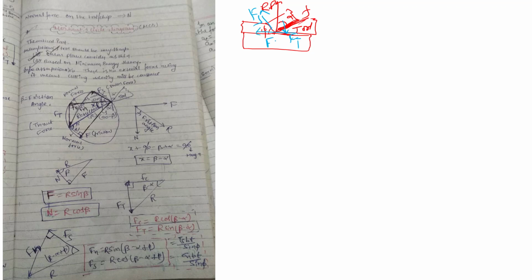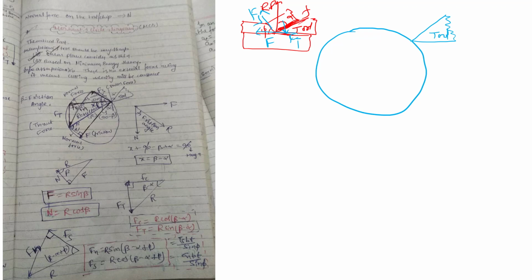Cutting force will be acting in this direction. So we include all the forces in a single circle. This is known as the merchant circle diagram, where we include all the forces in a single diagram. Let's assume that the cutting action is done by the tool.